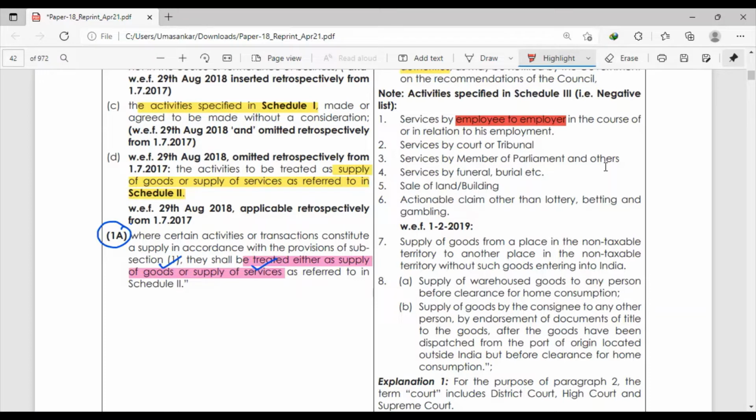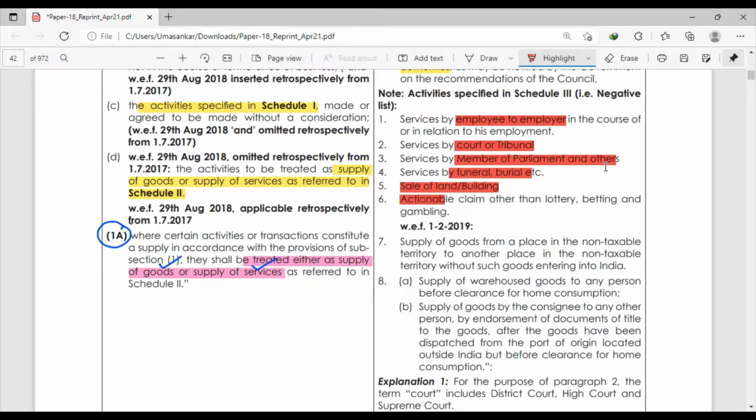Then services by a court or tribunal. Then services by MPs, MLAs, and members of panchayats, all those government officers. Then funeral and burial services, including transportation, will not be considered for GST. Then sale of land. This is very important; we will go deep into it in the next section: when sale of land or building comes under supply and when it does not.